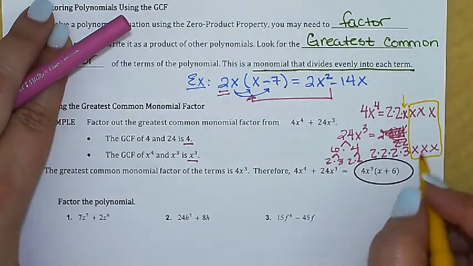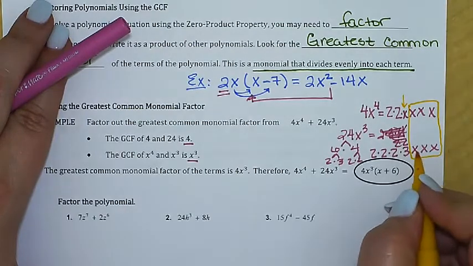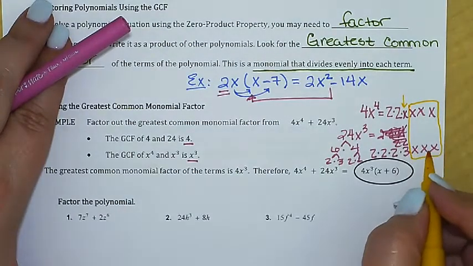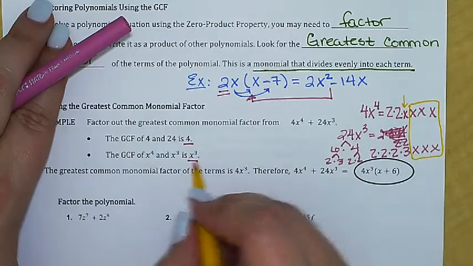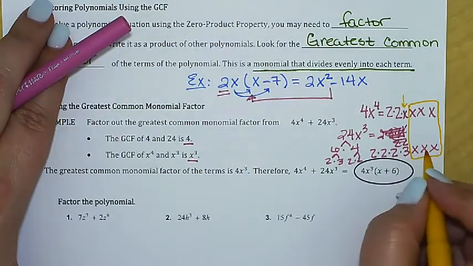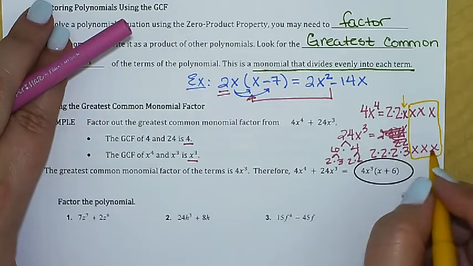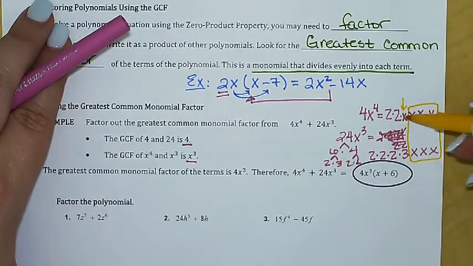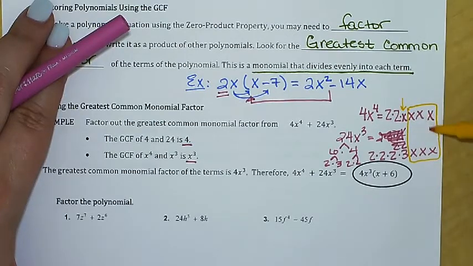This is why the lowest exponent is always your greatest common factor. The one that has the lowest amount of that variable is the limiting agent. I have 4 up here, only 3 there, so the most they have in common is 3.